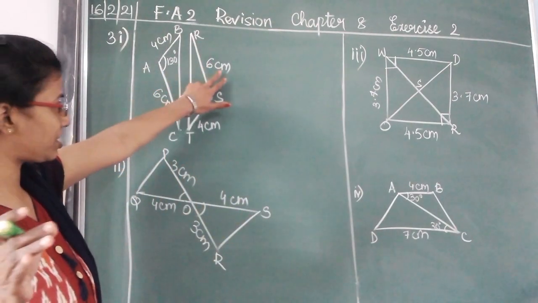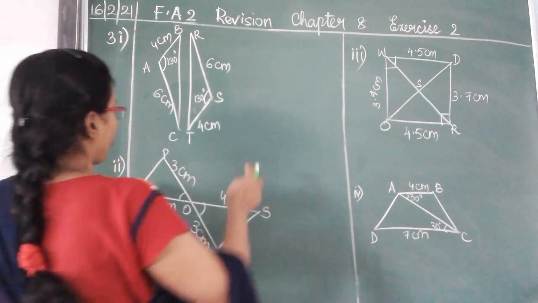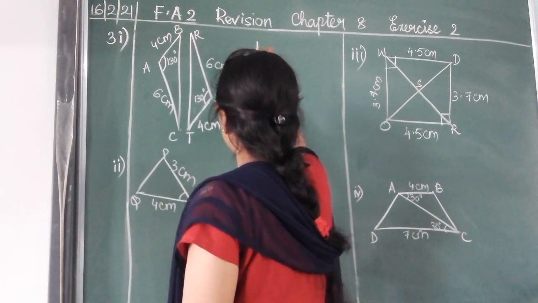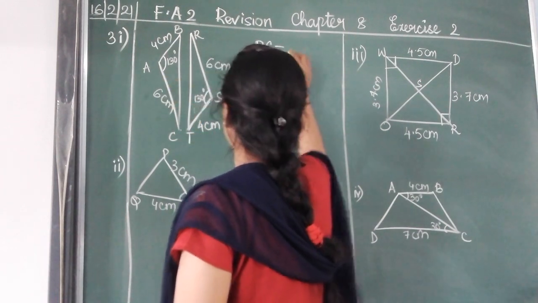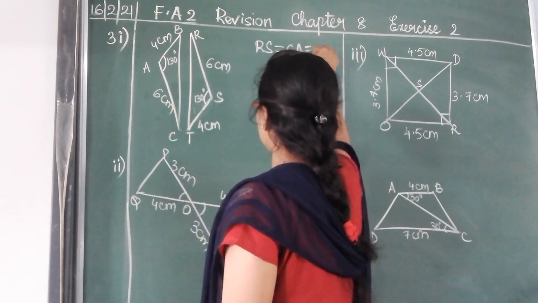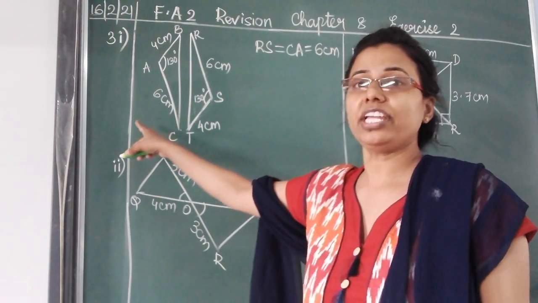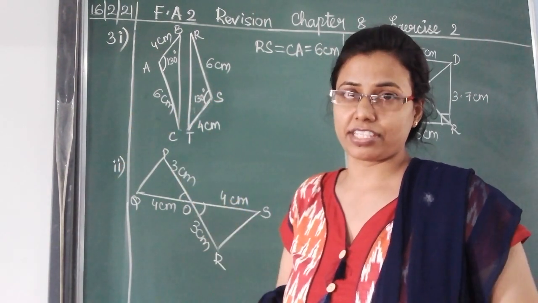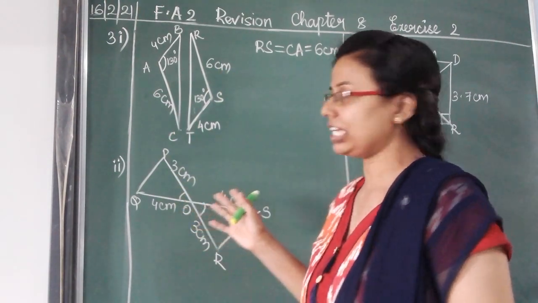So here this is 6 centimeters and you can see that this is 6 centimeters. So let's write. So RS is equal to CA is equal to 6 centimeters. According to the length of the line segments, we can show that these two are equal to each other.